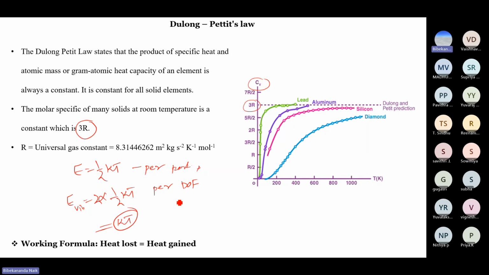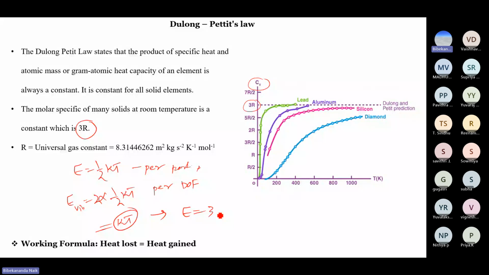In case of solids, we consider each atom or each molecule of the substance to be made up of a number of oscillators. So the corresponding energy of each oscillator is given by kT. Now in the 3-dimensional case, for n particles, the total energy will be 3nkT.